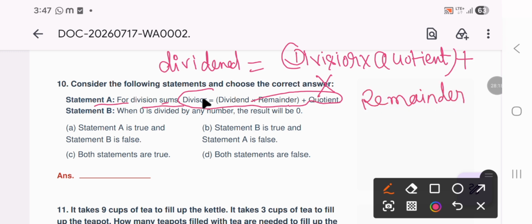So option A is wrong. Second, when 0 is divided by any number, the result will be 0. Yes, that is right. So statement B is true and statement A is false. B option is the right answer.